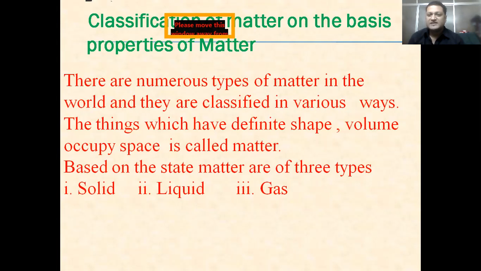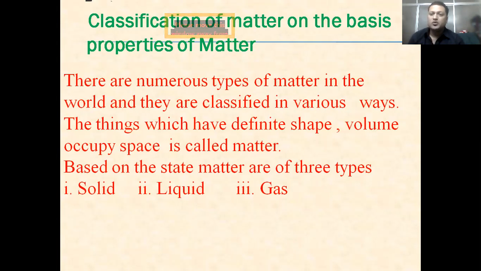There are numerous types of matter in the world and they are classified in various ways. Yes, just think about your surroundings. What objects do you think of around you? Those all are examples of matter. Like I'm taking a class with a computer or a laptop, or you are a student reading books, writing with a pen or pencil.